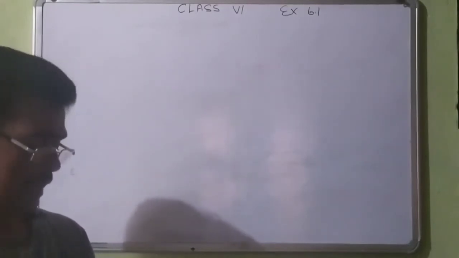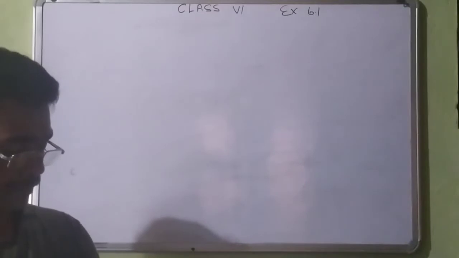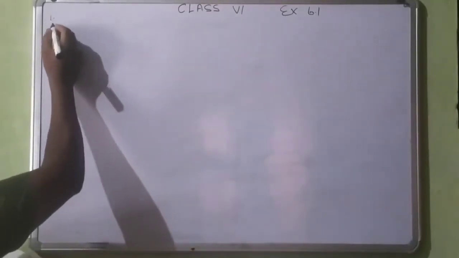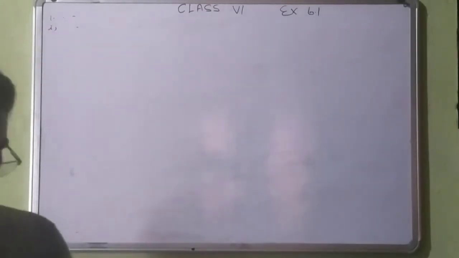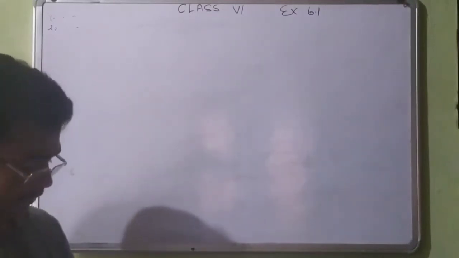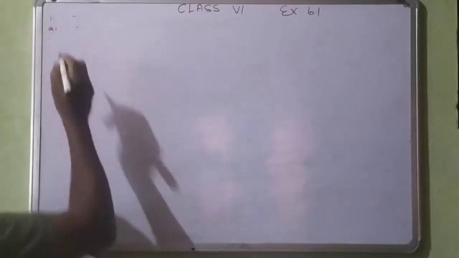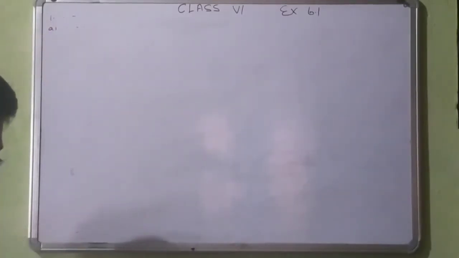Today you are looking at exercise 6.1, the first question. In the first part, write the opposite of the following. Opposite means, you know, the opposite. A part is increase in weight.